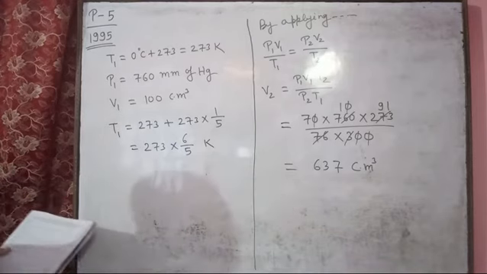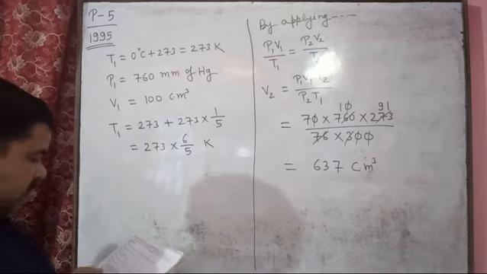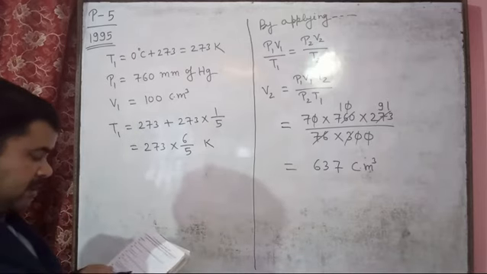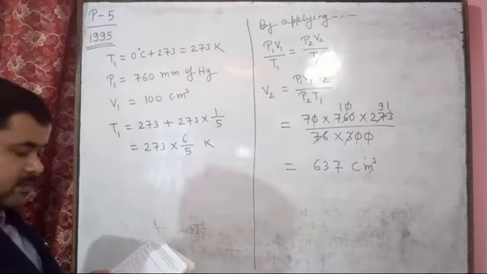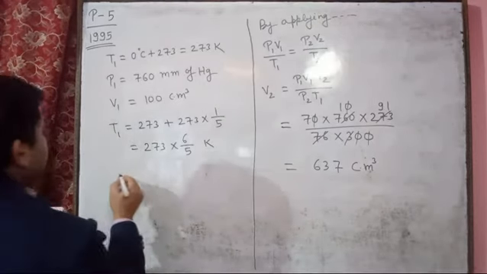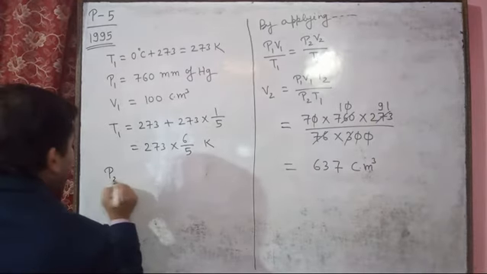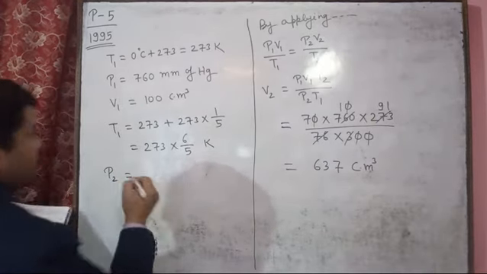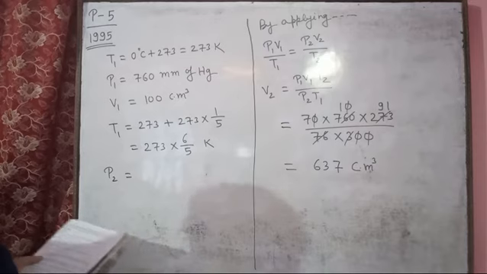And then, while the pressure is increased 1.5 times, so pressure P2, 1.5 times means 3 by 2 we can write.